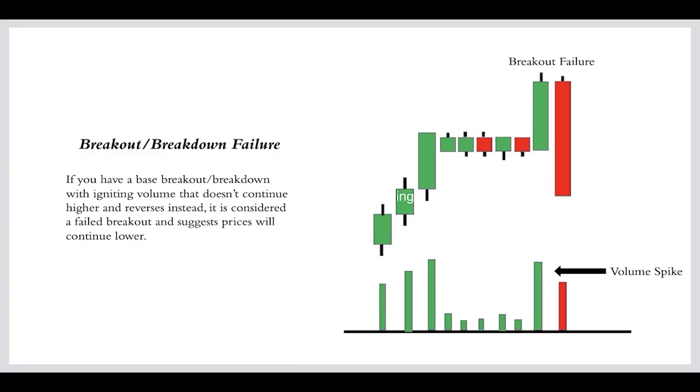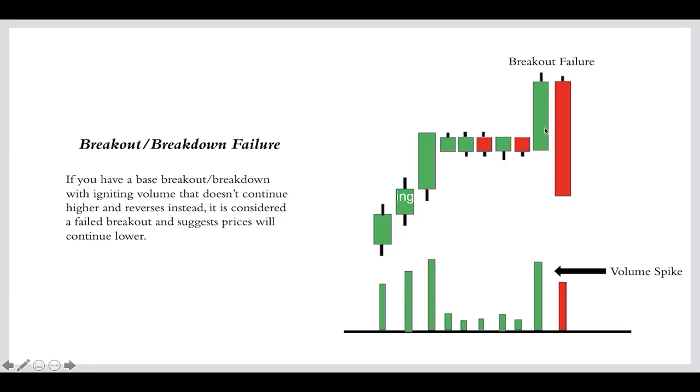So let's now talk about breakout and breakdown failures. Let's say you have a base breakout. You have a rally and you're basing, you're trying to go for the breakout. Let's say you get the breakout, it hits your entry, you're in the position, it breaks out, okay? And you get that igniting volume.